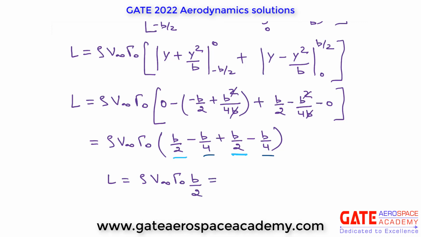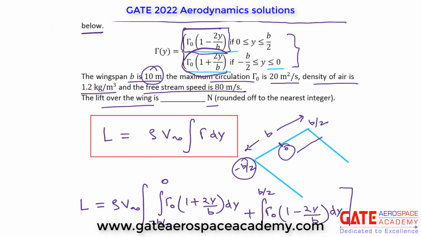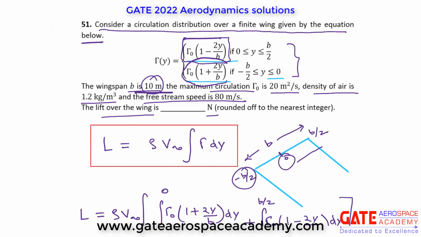Now we can substitute the values. b is 10 meter. Maximum circulation gamma naught is 20 meter square per second. Density of air is 1.2 kg per meter cube. Free stream velocity v infinity is 80 meter per second.